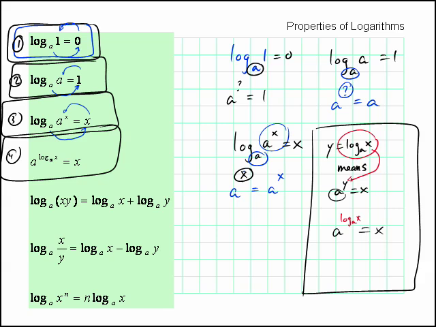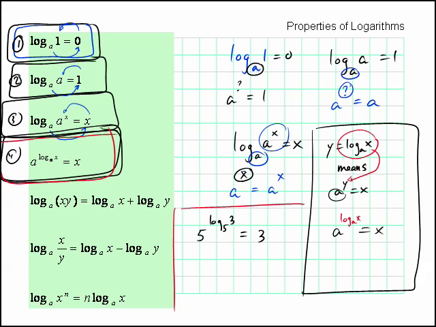And that's the property number 4 that we have right here. An example of its use would be, supposing we had 5 to the log base 5 of 3. According to this property, that would just equal 3.